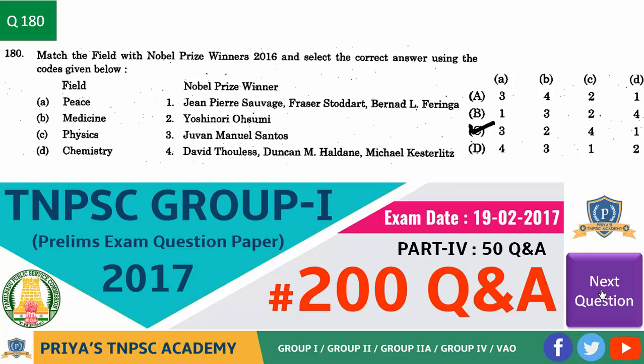Next, for physics, the Nobel Prize winners are David Thouless, Duncan M. Haldane, Michael S. Kosterlitz. Last one, for chemistry, the Nobel Prize winners are Jean-Pierre Sauvage, Fraser Stoddart, Bernard L. Feringa. So, the answer is option C.